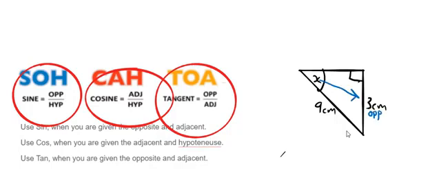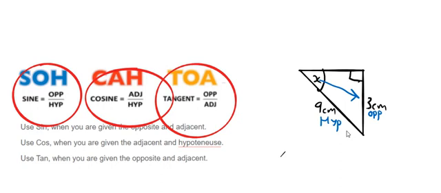I know that the longest side is the hypotenuse. So 3 is the opposite, 9 is the hypotenuse, and the adjacent would be up here. But again, there's no number up there, so I don't need to mark it in. In this question then, I'm given the opposite, which is 3, and I'm given the hypotenuse. So I'm working with the opposite and hypotenuse in this question.